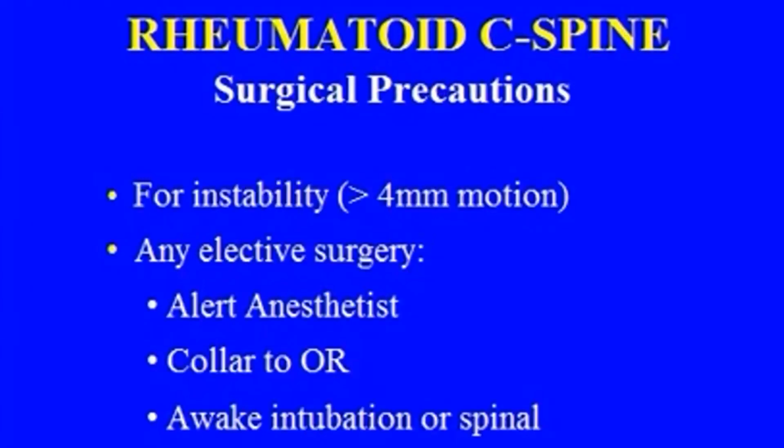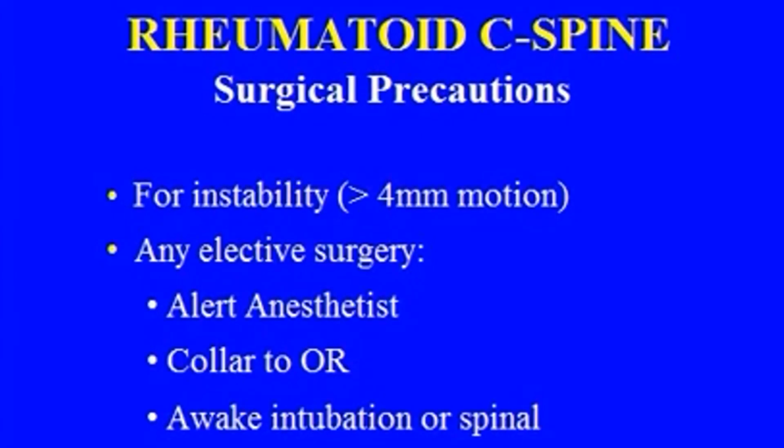All you should know is that with ligamentous laxity, you have anterior instability, you have narrowing about the cord, and you can have sudden episodes of death. Okay? You'll have motion between the facets, and this can further damage the cord.